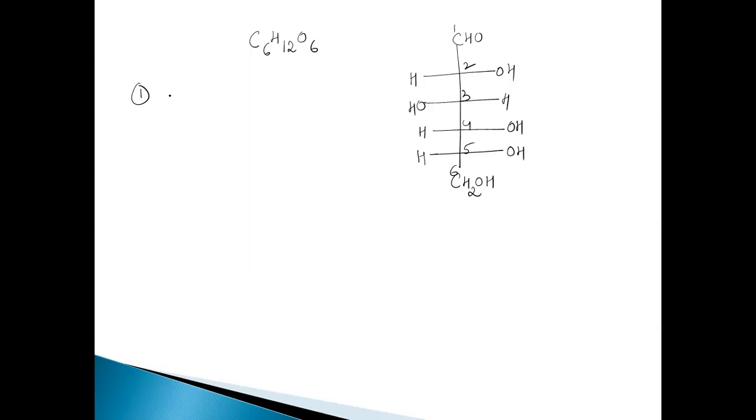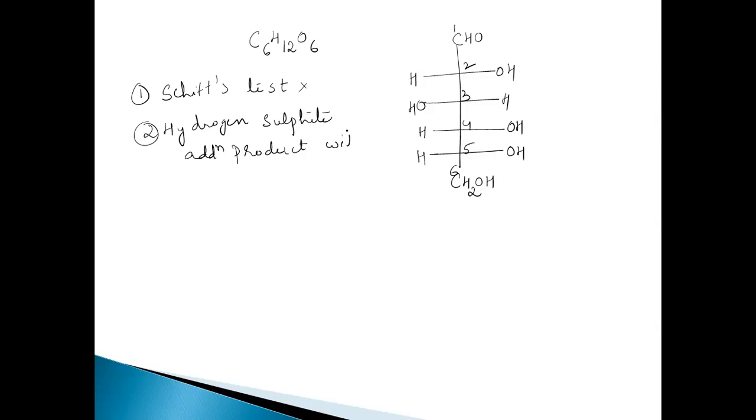Like, it does not give Schiff's test, and it does not give the hydrogen sulfite addition product with sodium bisulfite. And also it does not explain the pentaacetate which is formed here.